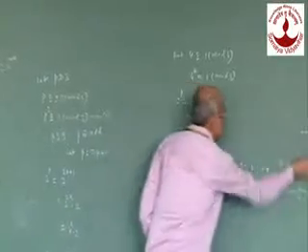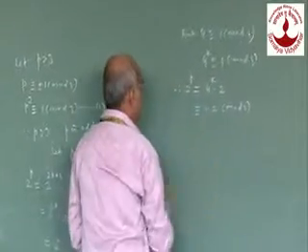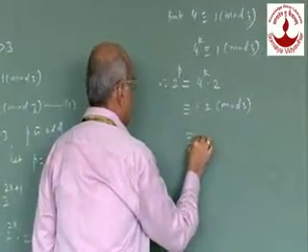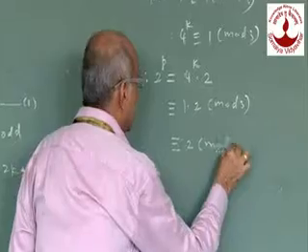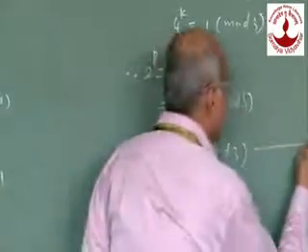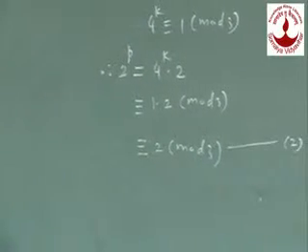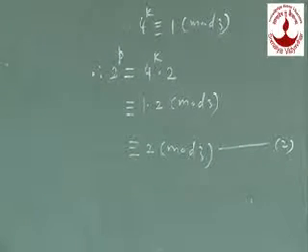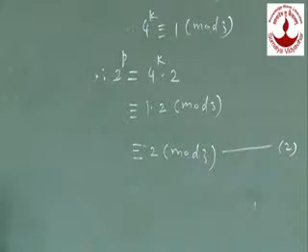Which is the same as 2 modulo 3. We call this statement number 2. Using the properties of congruences, add 1 and 2.